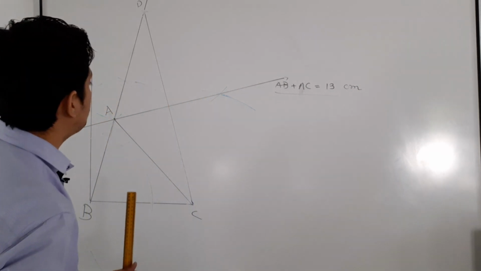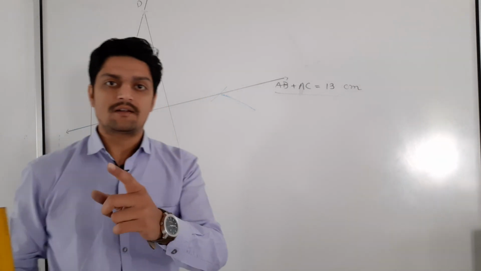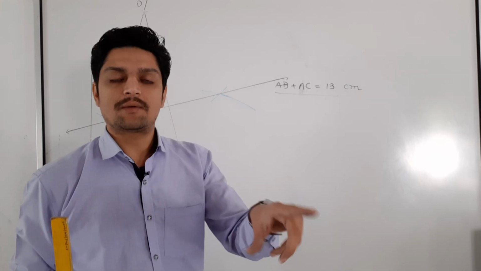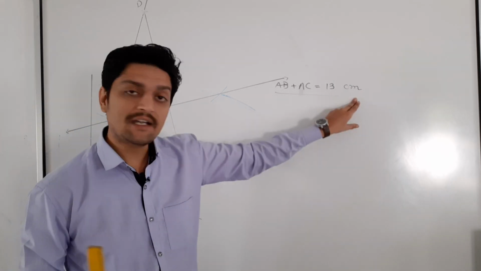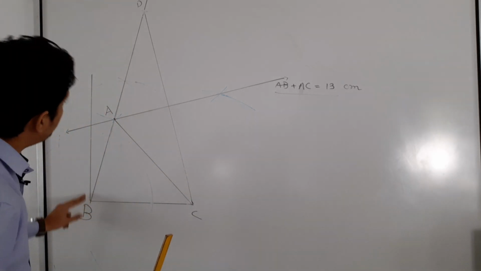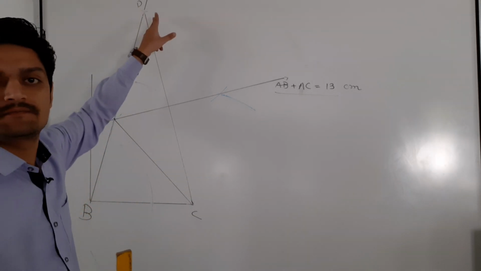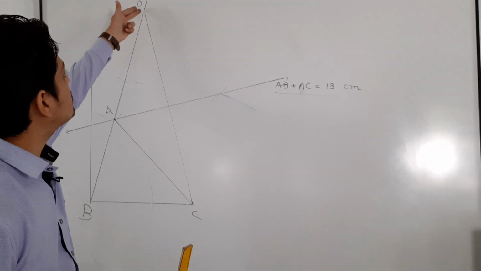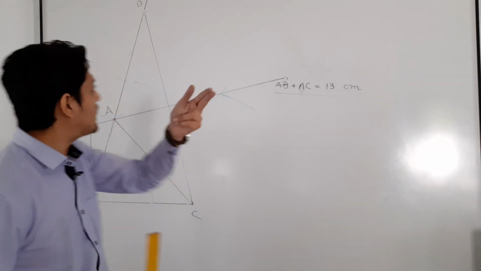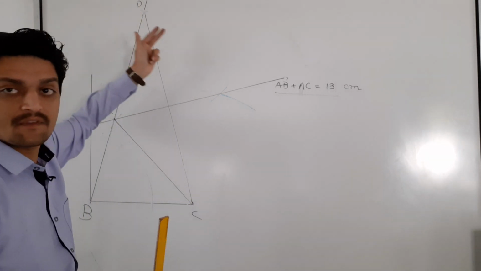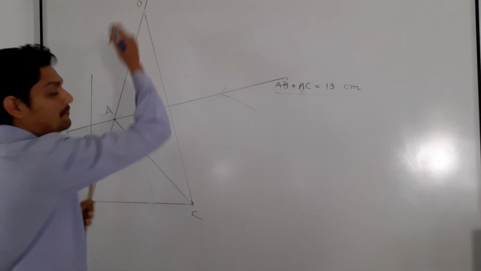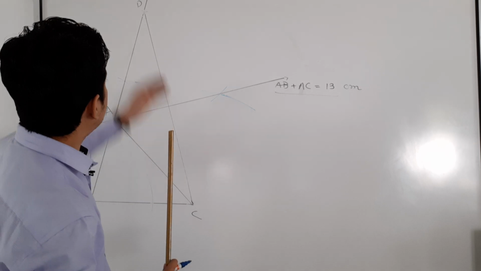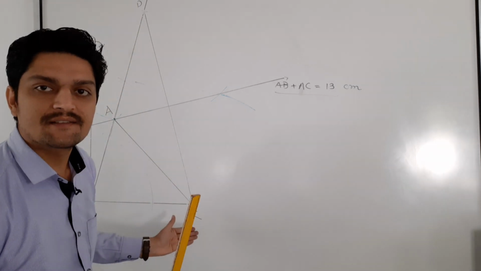Using your compass, expand both legs to take this 13 centimeter length, and from the point B draw one arc, and mark the intersecting point of that arc and the ray BD. Join both the points.